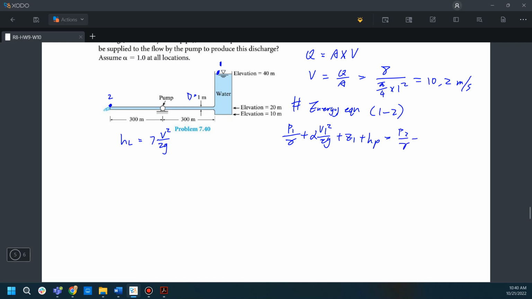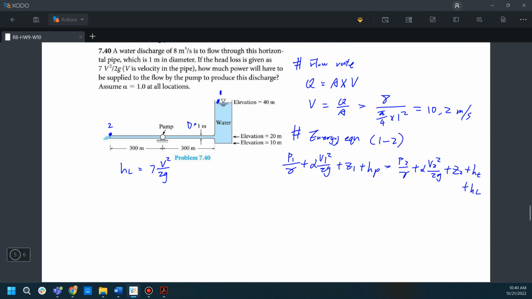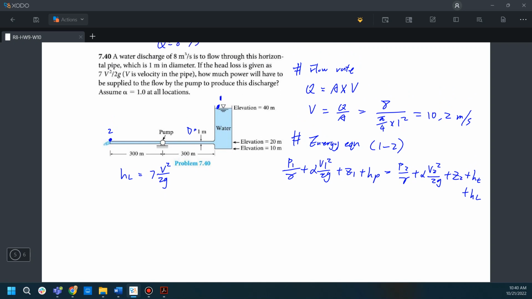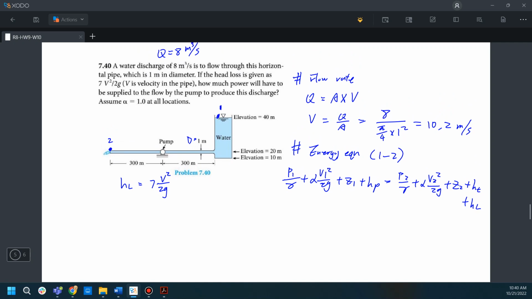P2 plus alpha V2 squared over 2g plus Z2 plus H turbine plus H head loss. Here we start to simplify the equation. The alpha in this question is always equal to 1, and we don't have a turbine here.